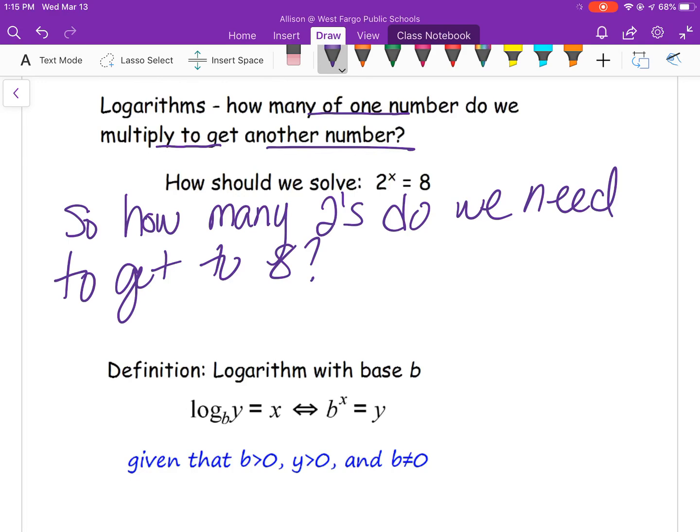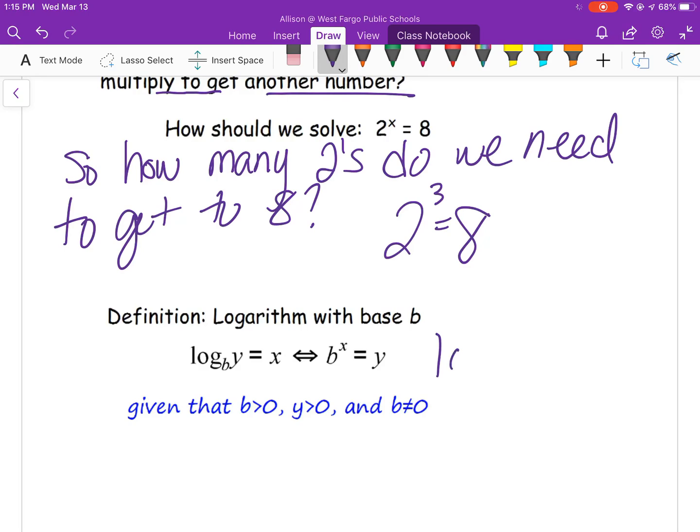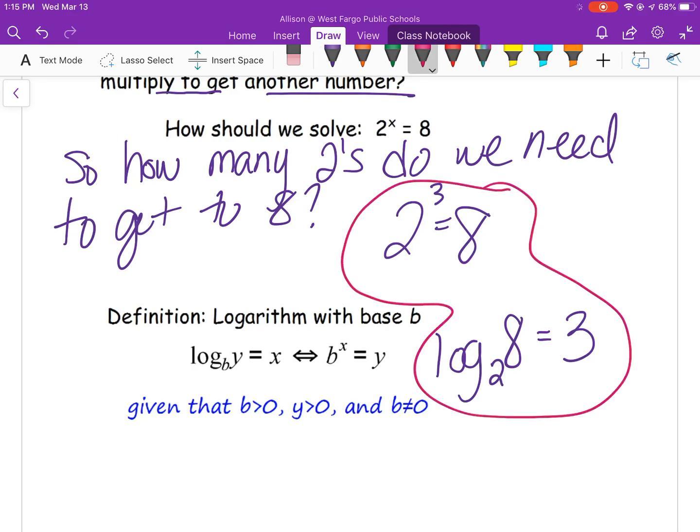And the answer is 3, because 2 cubed is 8. So the log base 2 of 8 equals 3. See how these correspond together?